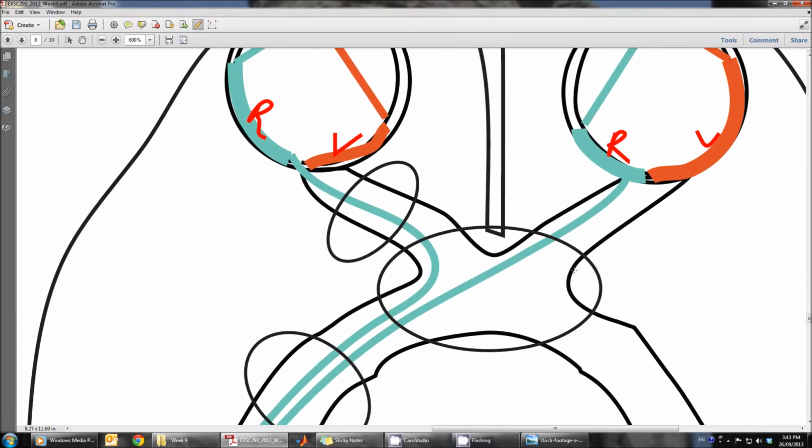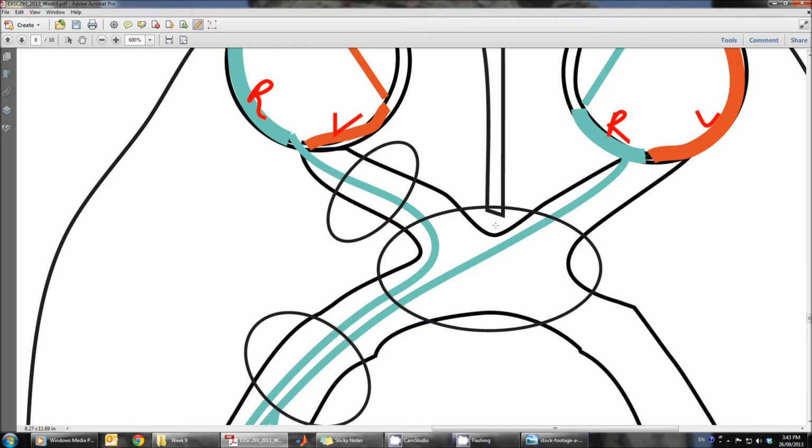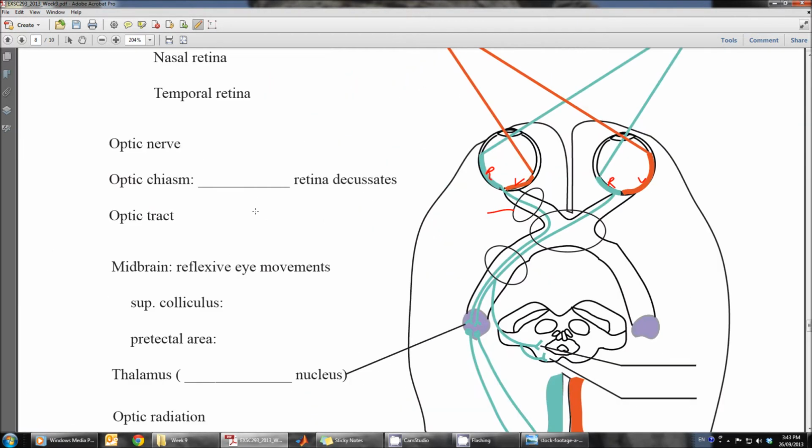So the optic nerve is this part. Actually there's a labeling on the left side, so I'll just link that with this. So this axon is our optic nerve, cranial nerve number 2.